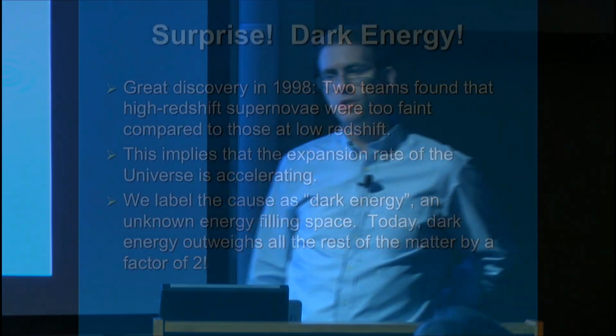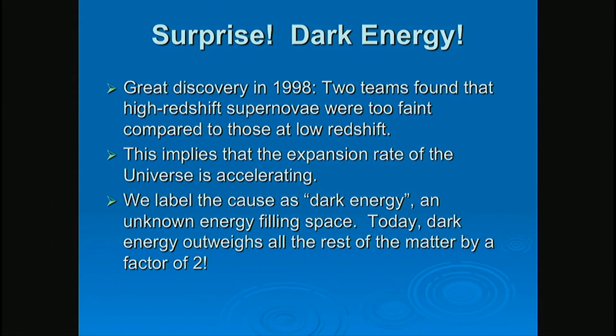And the great discovery in 1998 from two teams studying high redshift supernovae was that the supernovae actually appeared to be too faint. They were not too bright, they were too faint. And they interpreted this as the idea that the universe is not decelerating but accelerating. This is a completely bizarre idea because gravity wants to pull on things, and yet somehow on the largest scales our universe appears to be getting pushed apart.